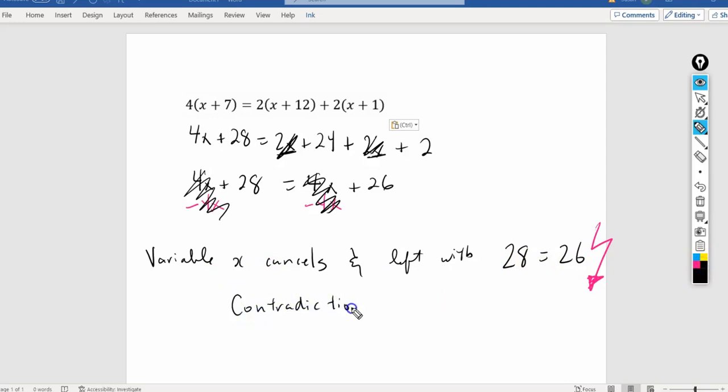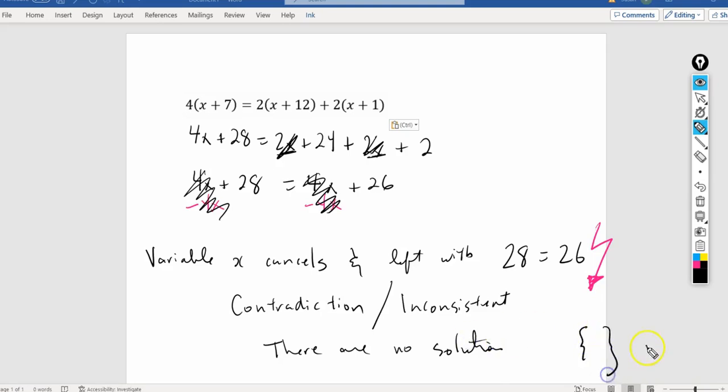Our textbook says contradiction, or another textbook would say this equation is inconsistent. And so this equation has no solutions. There are no solutions for x. So the solution set would be the empty set, or you'd have the null set symbol.